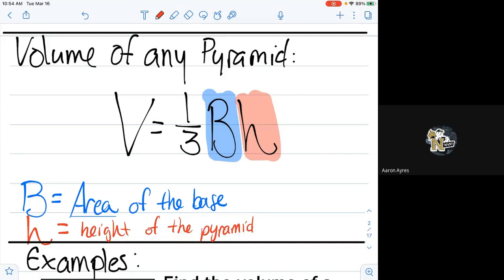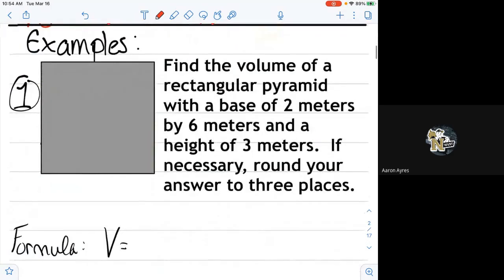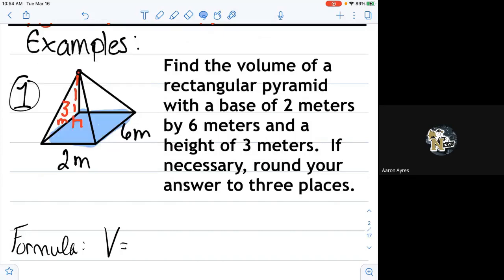So I have some examples here. I just hid the picture because when I usually do this, I don't want everybody to see the picture right away. We try to practice drawing the picture first. But for our purposes, I'm going to remove this square and it's going to show you the picture. So there's my picture.